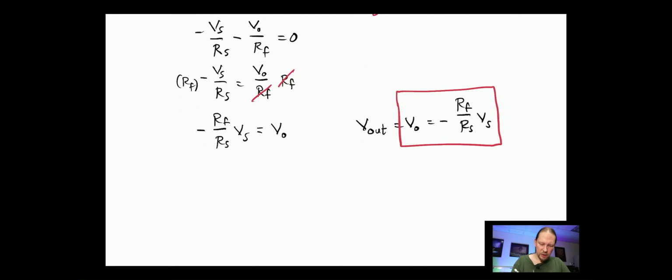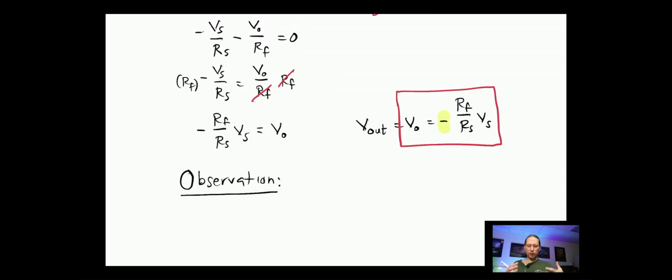Now, another quick observation, and this really has to do with why it is that we call this the inverting amplifier circuit. The observation really has to do with the minus sign that is right there.